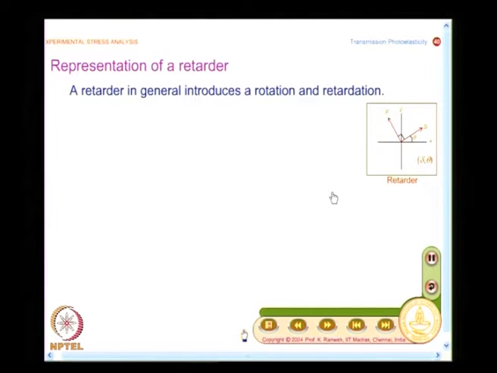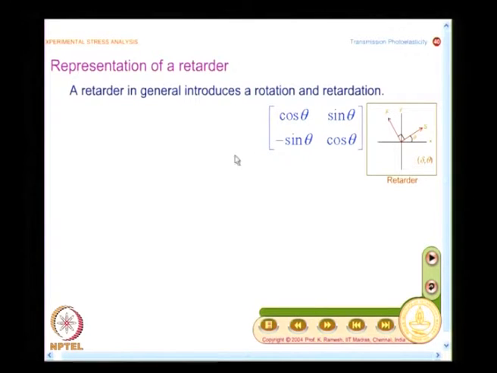Also look at the animation, you will have this appearing in a particular sequence, that is how light gets modified in a retarder. When it hits the model, you have this rotation matrix cos theta, sin theta, minus sin theta, cos theta.